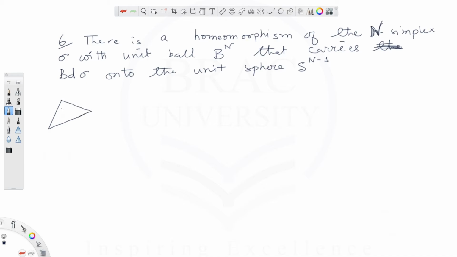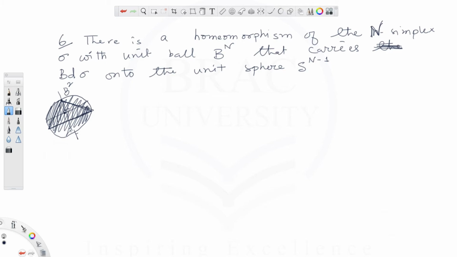This is sigma, and this guy is homeomorphic to the unit ball B2, if I try to draw it here.